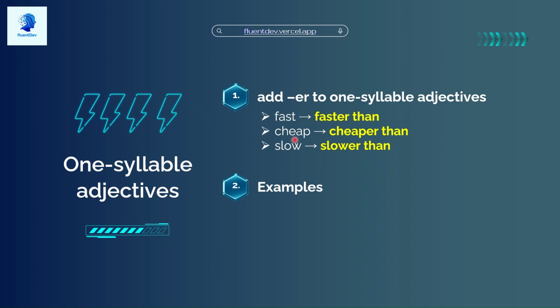Cheap becomes cheaper than. And slow becomes slower than. All of these are one syllable: fast, cheap, slow. So we just need to add the ER, and then we say than when we're comparing it to another thing.